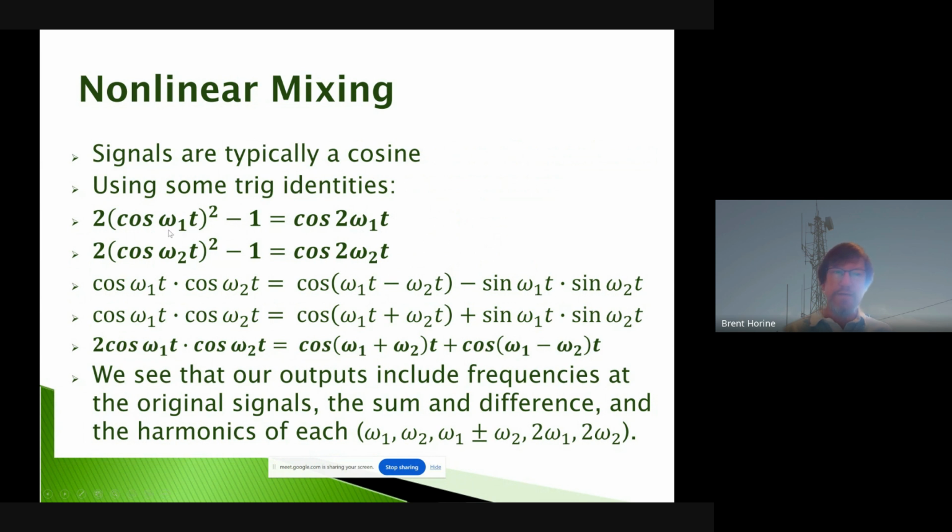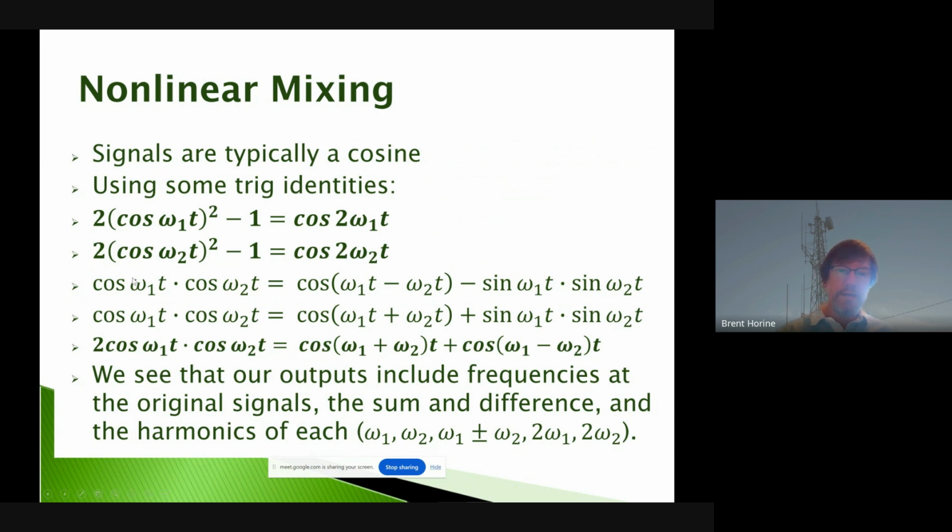So we've taken a signal and we've somehow doubled its frequency. And we've got a constant floating around, some DC signal or whatever, right? And that also happens for omega 2. And we end up with a signal that's at twice the frequency.